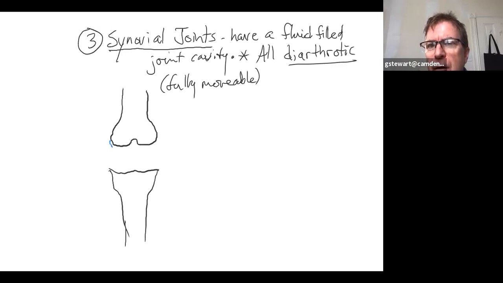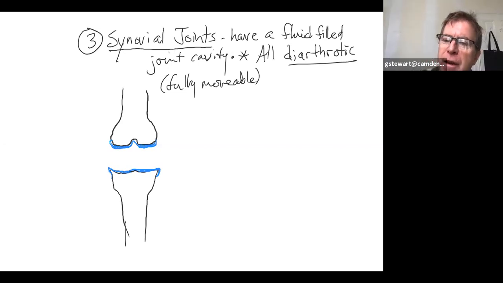First, each bone has a thin layer of articular cartilage. This is consistent with all synovial joints. So what's in blue is a thin layer of hyaline cartilage called articular cartilage. Nice, smooth, glassy surface for these joints to work upon. Then there is a double-layered membrane that sort of encloses this joint. So I'm going to draw that in green.